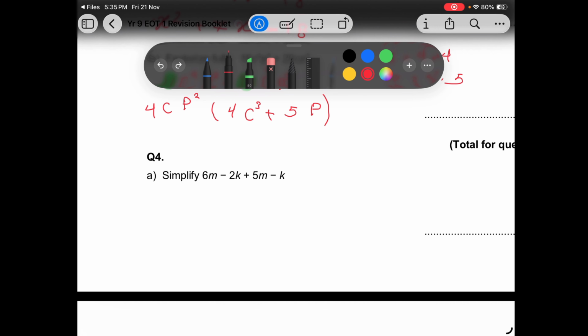You can make this 6m plus 5m minus 2k minus k. Maybe someone asked why we don't change the sign. It looks like we move this here. Guys, when we move things, we don't change the sign unless we have an equation and we move them from one side to the other side.